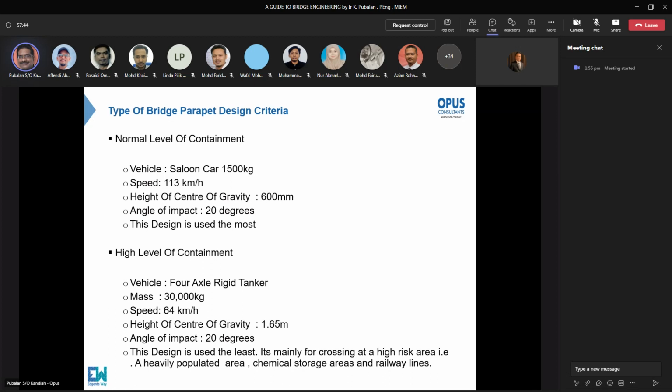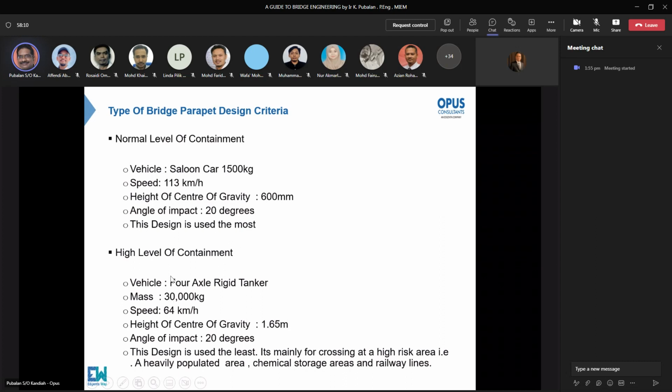So the general design for the bridges around our area is for normal containment. So if we see a lorry which has been overthrown out of the normal bridge, that is not the problem of the bridge. It is a problem of the lorry and the driver itself. Okay. We can't design all the bridges for high level of containment because it will not be economical.